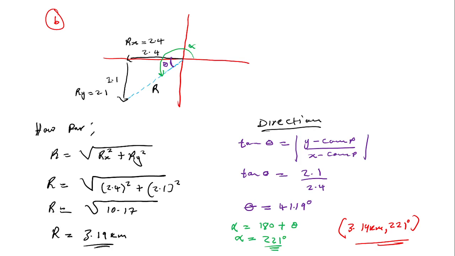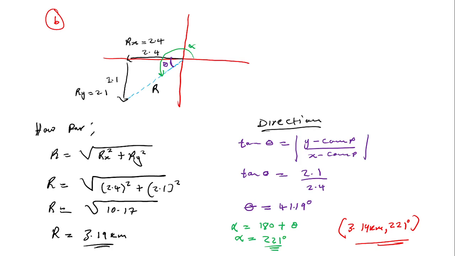Okay, 2.1. Can you do 2.1 divided by 2.4? I'm getting 26.89, sir. So you're solving tan inverse first.